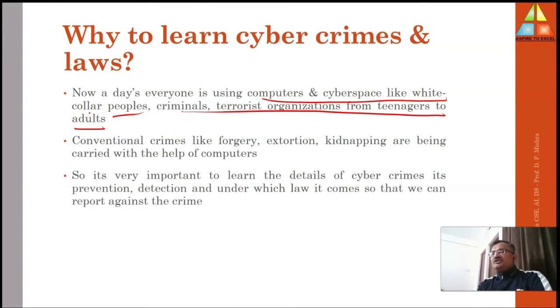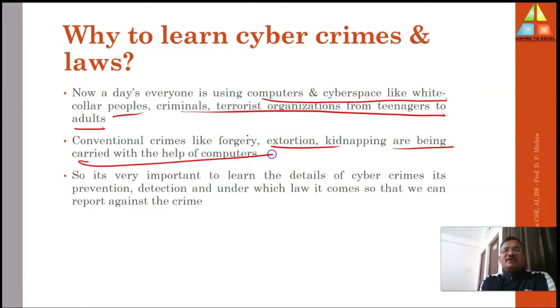There's no restriction on anyone for accessing the internet. So conventional crimes like forgery, extortion, and kidnapping are being carried out with the help of computers.